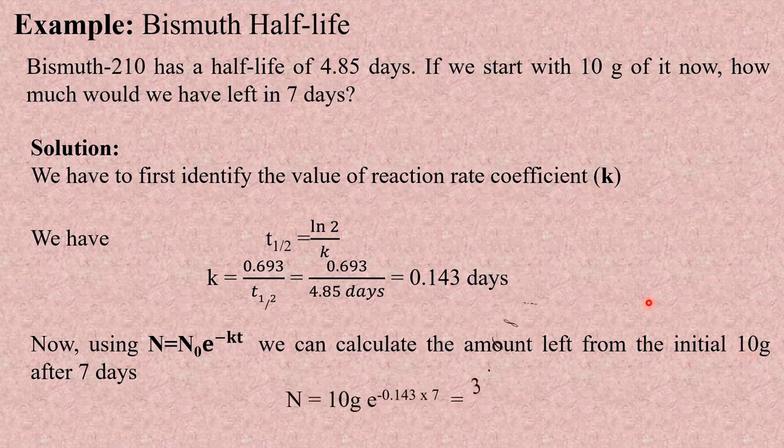So by putting these values, we'll get 3.68 gram. So after 7 days, bismuth 210 will be 3.68 gram from the initial amount of 10 gram.